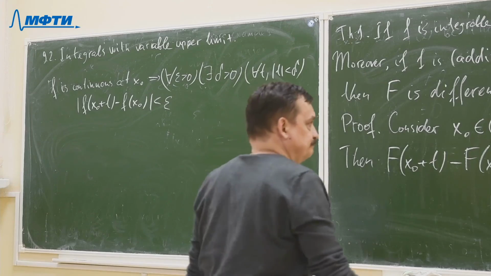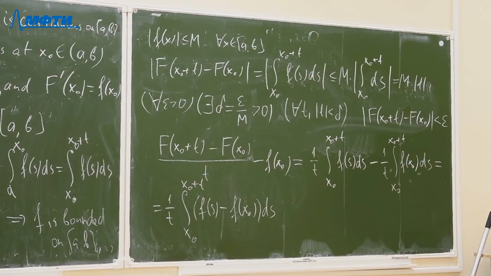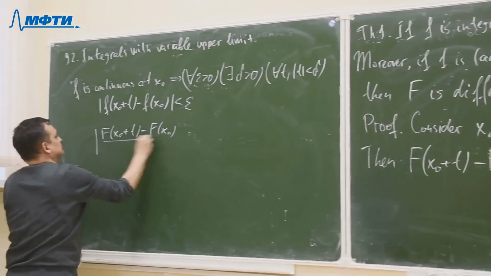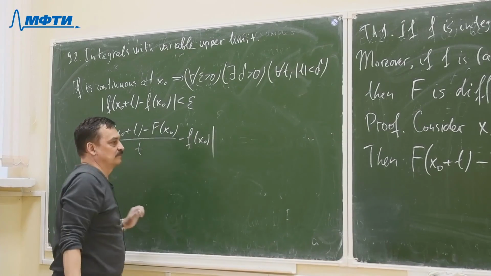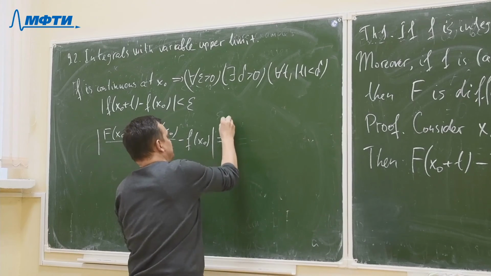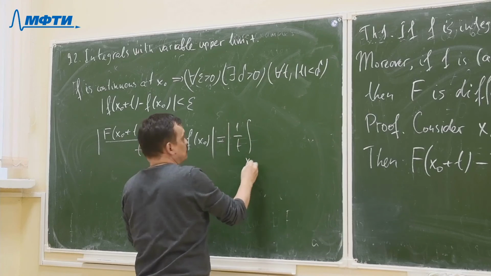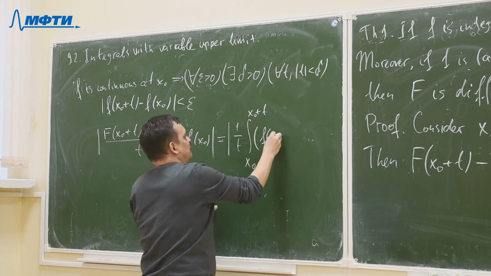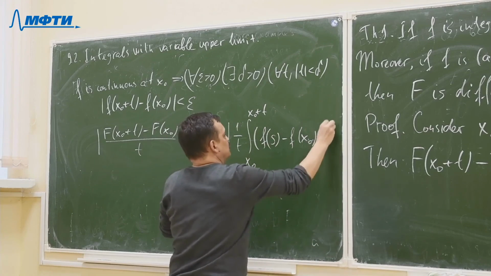Now look, I'll estimate the difference. According to our writings, that is 1 over t integral from x naught up to x naught plus t of f of s minus f of x naught ds.